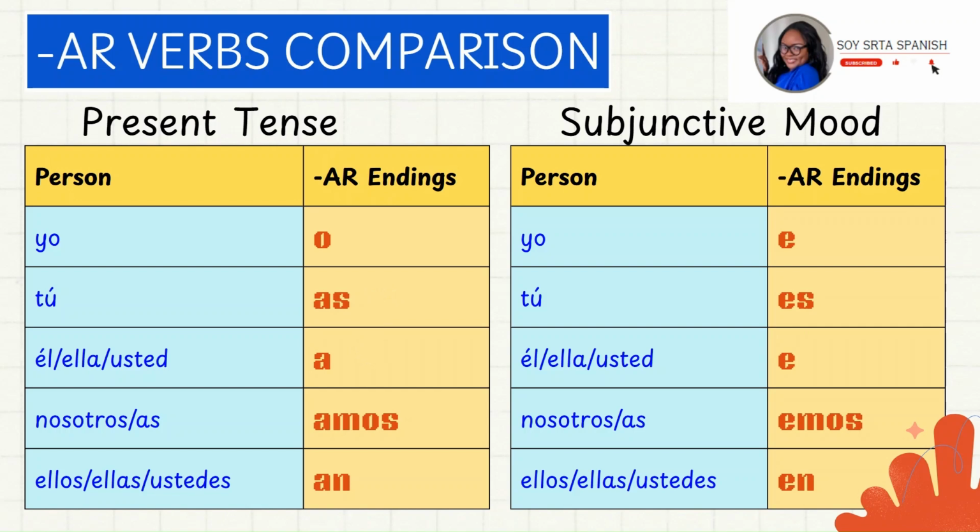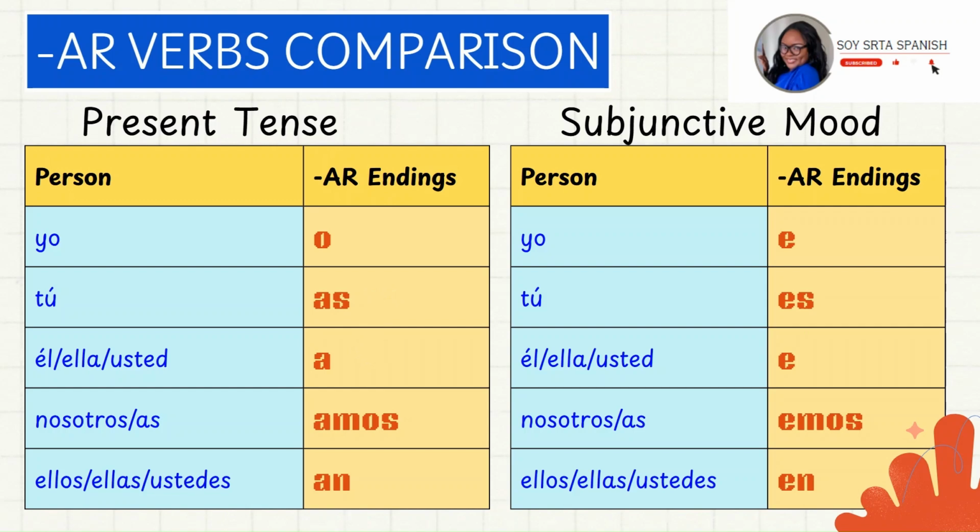However, the opposite of AR verbs, as I like to think about it, in this case would be the ER endings. So the subjunctive switches the endings. The AR endings are basically now the ER endings. Sorta, kinda. The yo form was an O for the present tense, but for the subjunctive, it's now E.